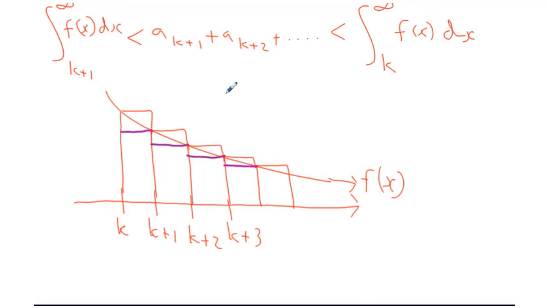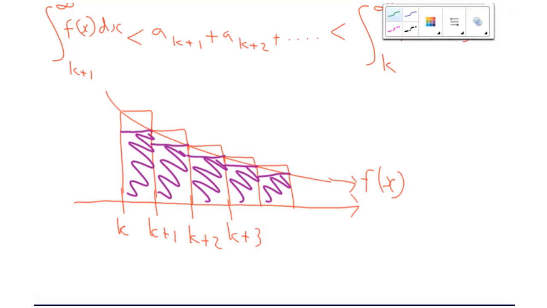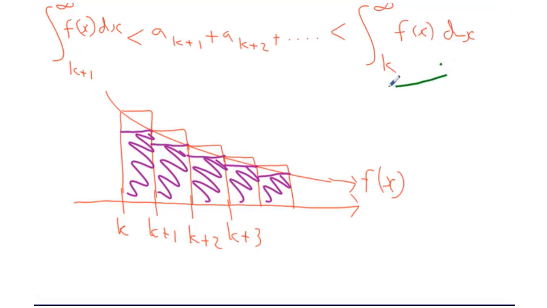So if we use the lower rectangles, which would represent this area here, and compare it to the integral in question, if we draw this particular integral in green, so the integral from x equals k to infinity, that's going to be this area here, the green area.